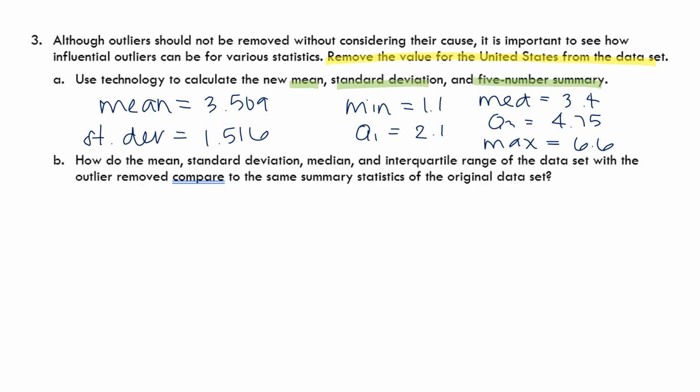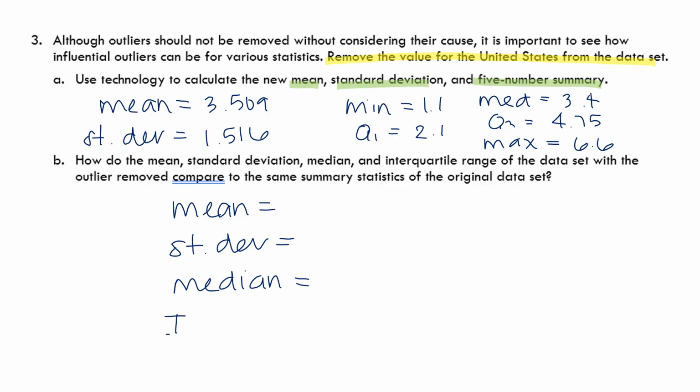I want us to look at these numbers now, and think about what we did yesterday. I want us to think about how the mean, the standard deviation, the median, and the IQR changed.